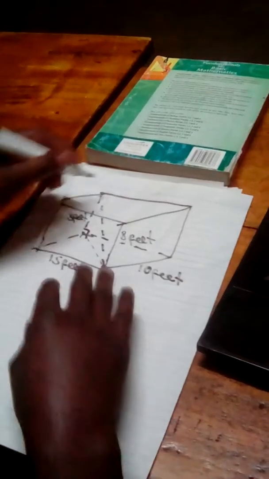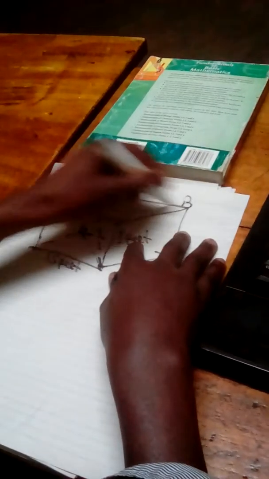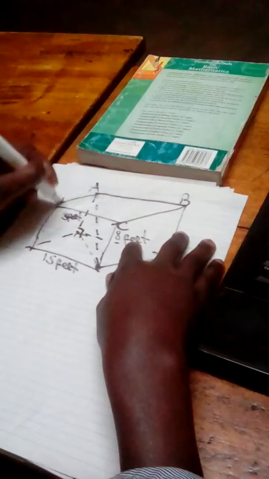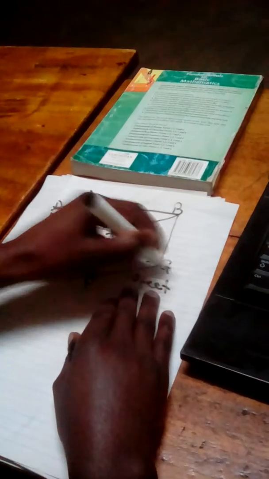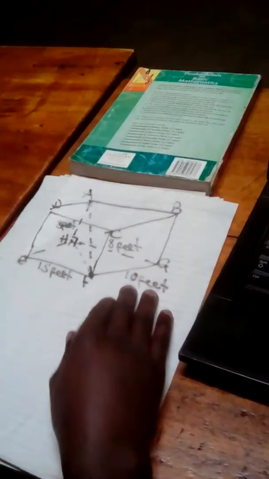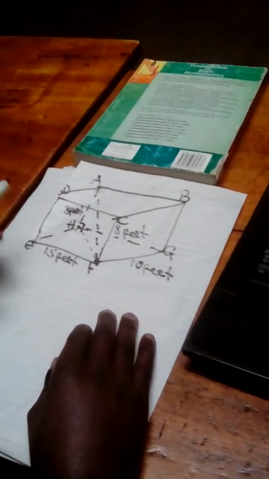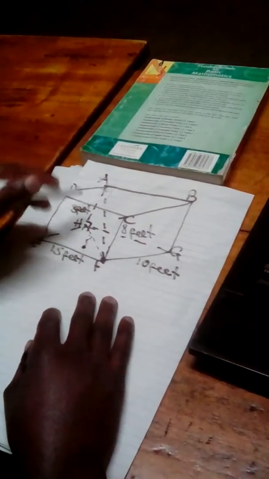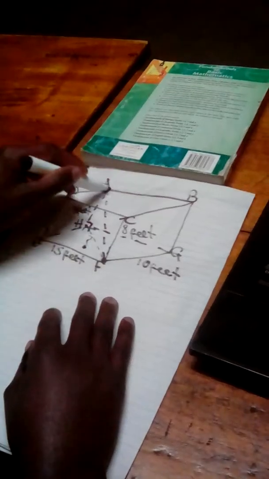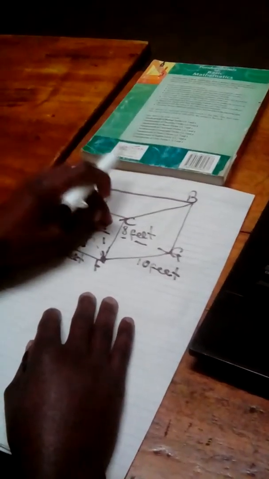So, if you label the corner points of this room as A, B, C, D, E, F, G, and H, you may need to find this distance, so that you will apply this distance and this distance in this right triangle to find this distance here.